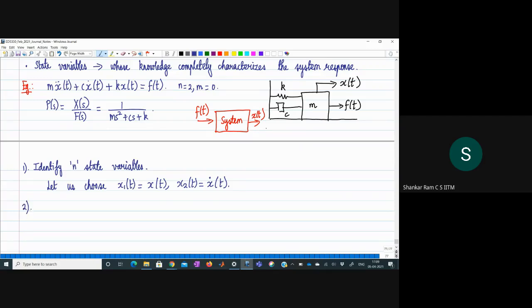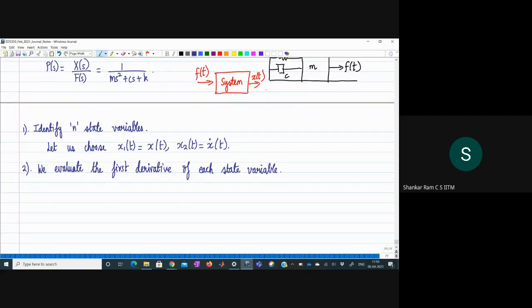Then we evaluate the first derivative of each state variable. So we have x1 of t equals x of t, x2 of t equals x dot of t.